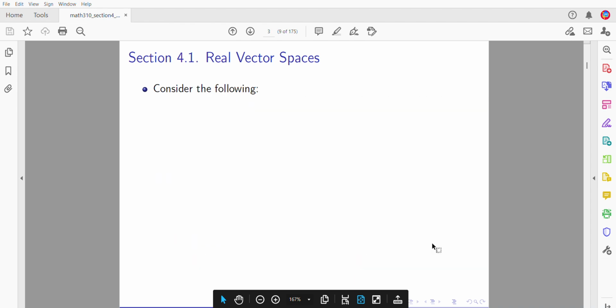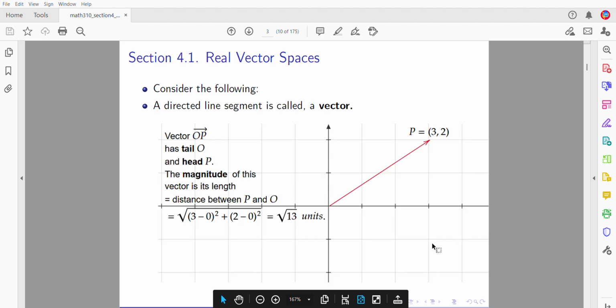Consider the following. So that is your x-axis, that is your y-axis. A directed line segment: it's a segment, that is, it has finite length, and it's directed because you see an arrow there. It's called a vector. In this case, we have placed the vector at the origin.